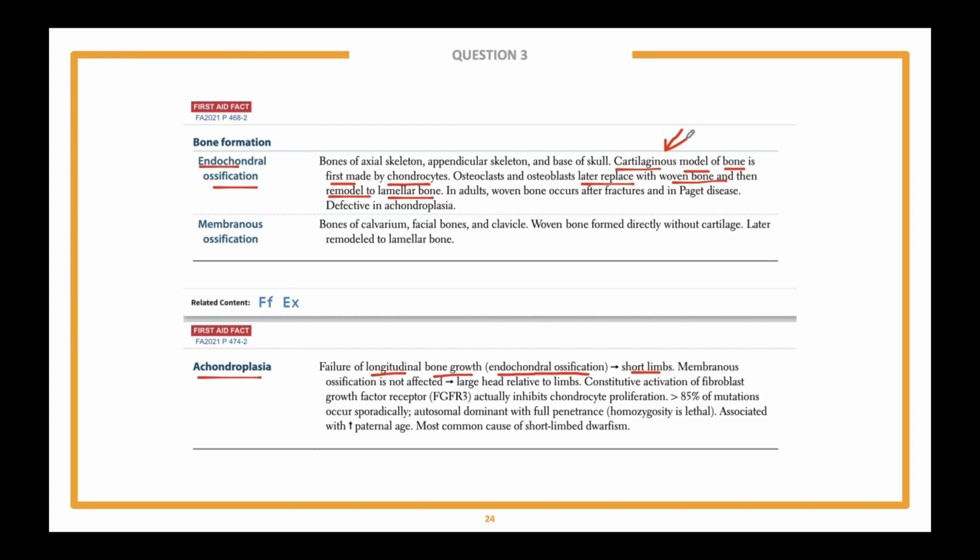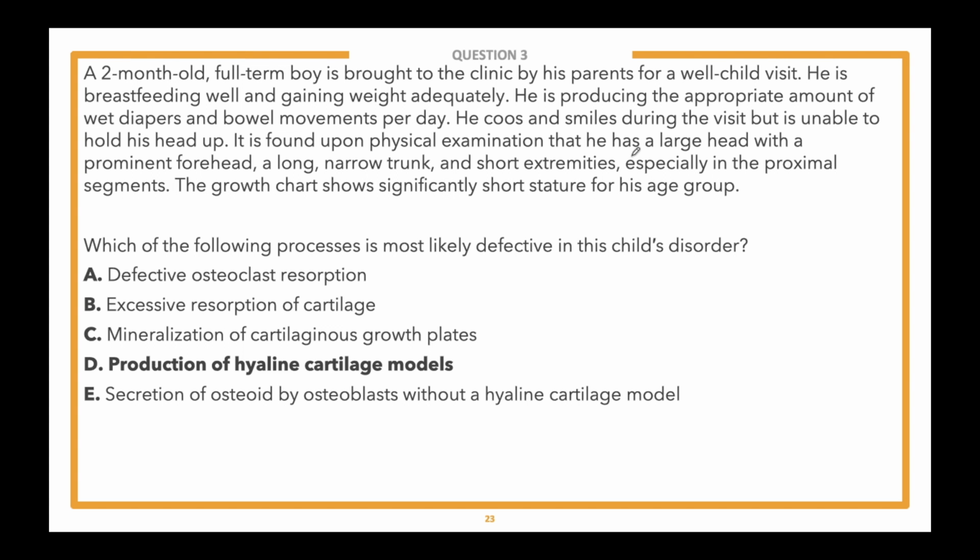So let's take a look back at our question. Hopefully you can see now why, in achondroplasia, the process that's defective, the best answer choice would be D, because that best describes endochondral ossification, where you have those hyaline cartilage models being produced that serve as essentially a template for those long bones to be formed, okay?